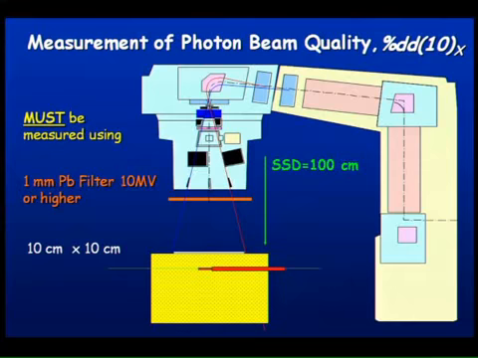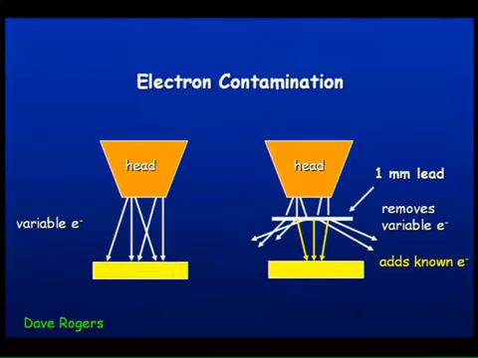And what that does, as I'm regrouping, is that there is a lot of electron contamination produced at the machine head. This lead filter essentially removes these electrons. But what that lead filter does is produce some additional electrons, and the protocol gives you equations to account for these additional electrons produced from the lead.